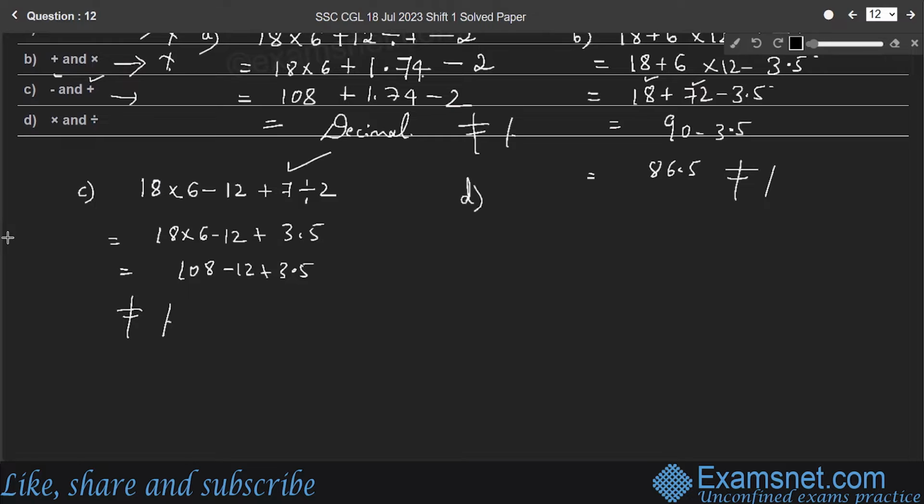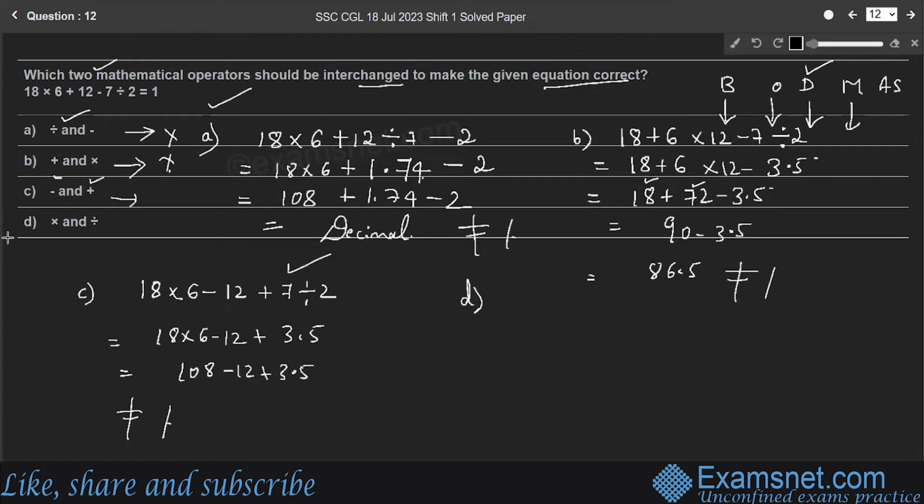So let us try option D. Interchange into and division signs. 18 into 6 becomes 18 divided by 6, plus 12 minus 7 divided by 2 becomes into 2, is equal to. So according to BODMAS rule, first division, 18 by 6 is 3, plus 12 minus 7 into 2.